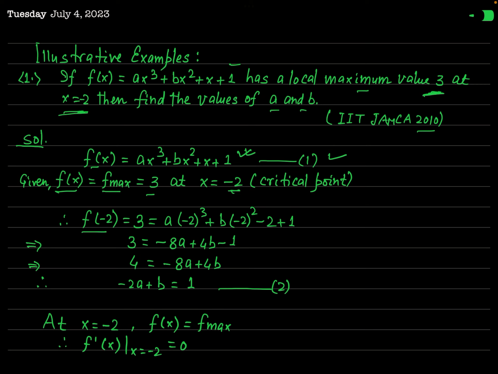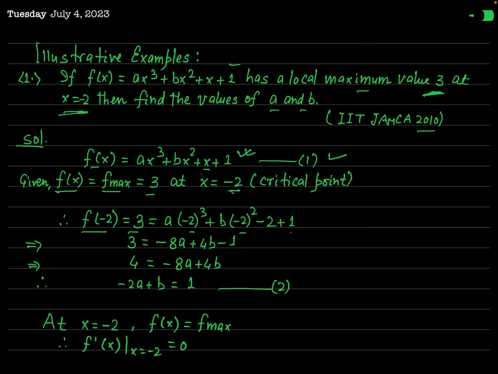So f of -2, it is given that it is equal to 3, and that will be equal to what? We will simply put -2 in place of x. So this will be a times -2 cube plus b times -2 square minus 2, because there is only x, and plus 1.